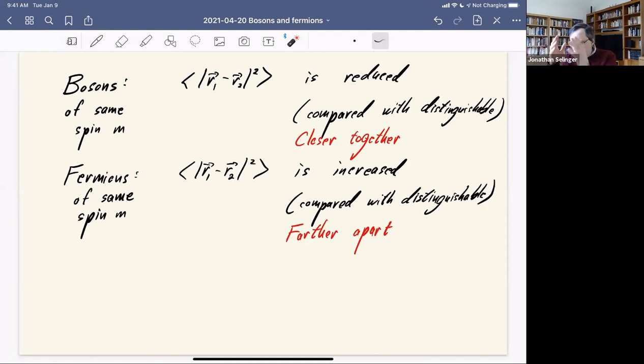And so that's sort of gregarious, and fermions are the opposite of that, right? So fermions are nerds, right? Fermions tend to stay farther apart from other identical fermions, okay? And so it's like the opposite of gregarious. This is actually a calculatable and observable experimentally property associated with bosons and fermions.